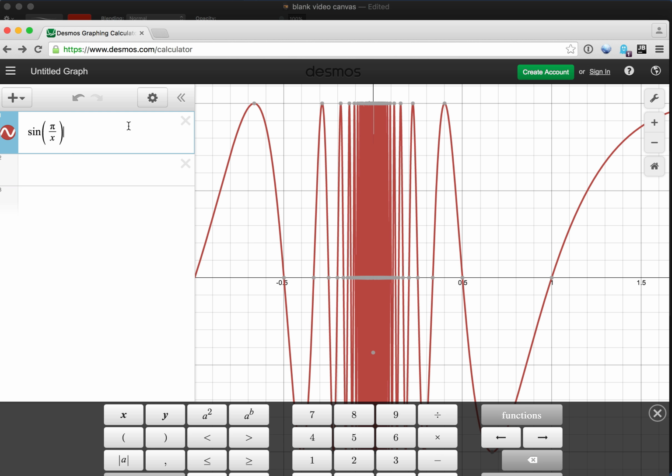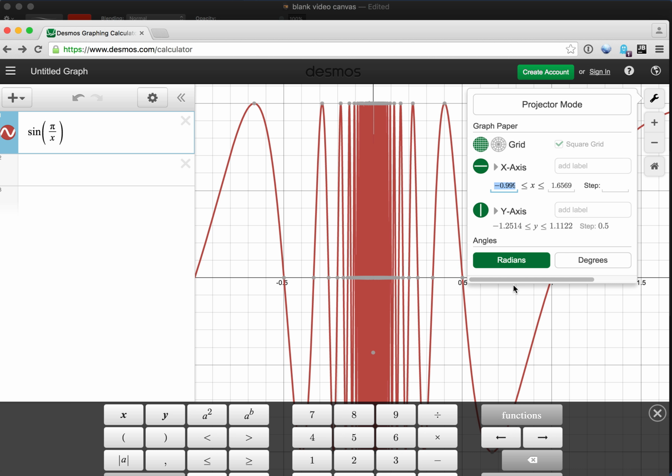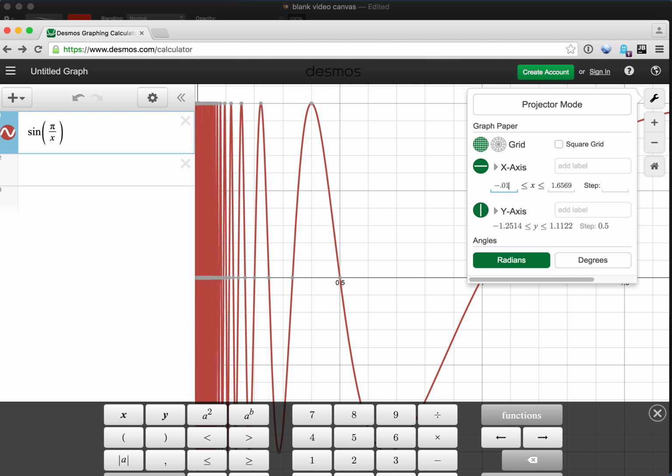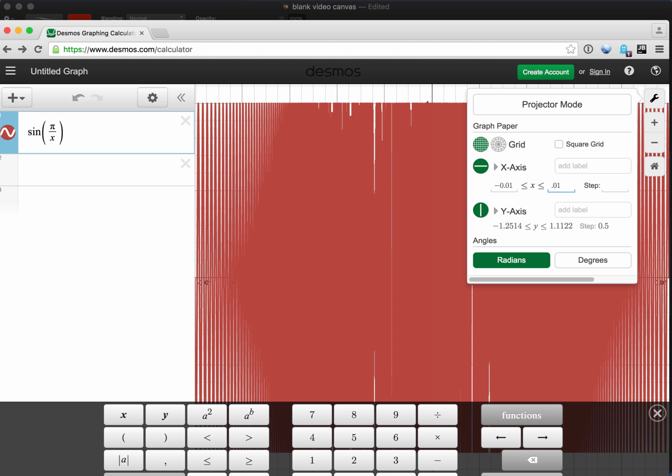So here, you can zoom in, and if you have a calculator, maybe. How do you zoom in here? Oh wait, I know. You go over here, right? For example, let's get really close, like minus 0.01 to positive 0.01. And I know that it's never going to go past 1, right?